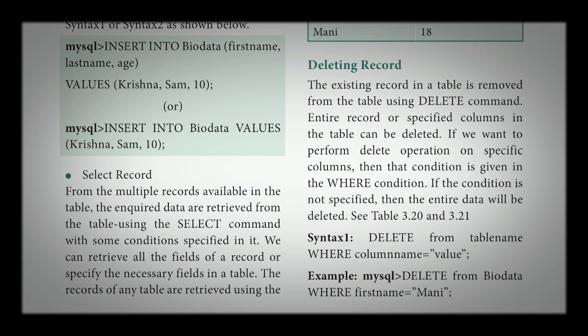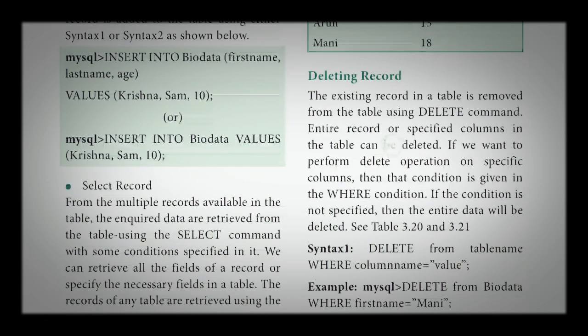Now we are going to see deleting records. The existing records in the table are removed from the table using the delete command. Either records or specified columns in the table can be deleted.